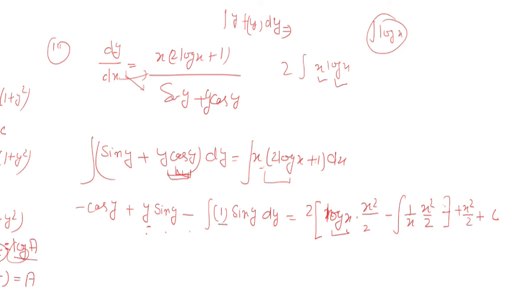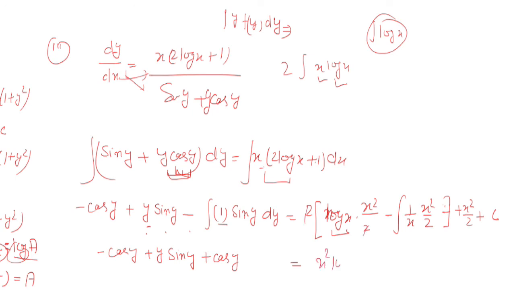Again we have left this integration, so this will be equal to minus cos y plus y sin y, and the integration of this will be minus cos y, equal to, here these both terms will be cancelled out.